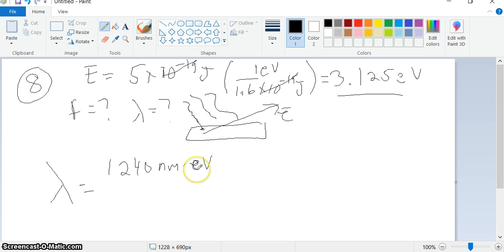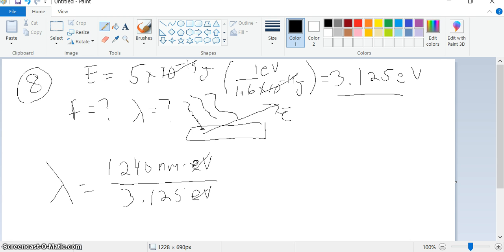That's supposed to be an E. So if we know the energy in electron volts, we just divide by 3.125 electron volts, and notice the electron volts cancel.